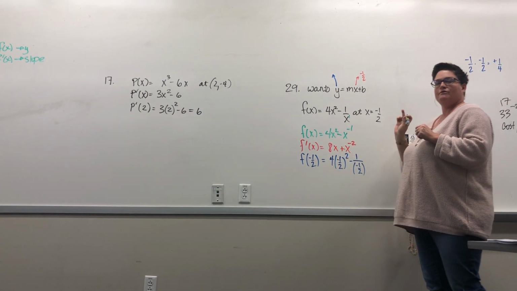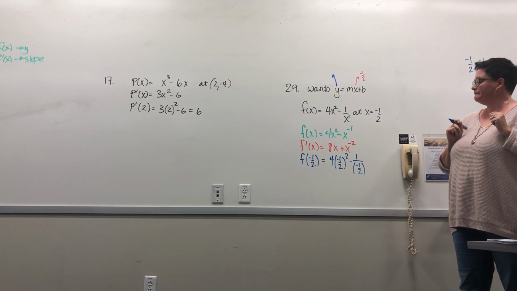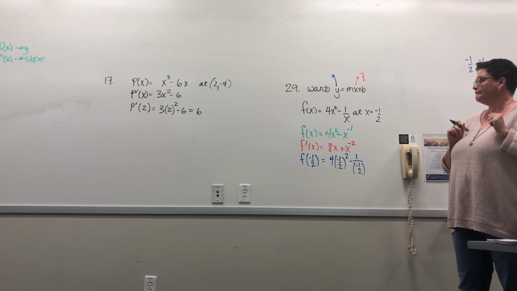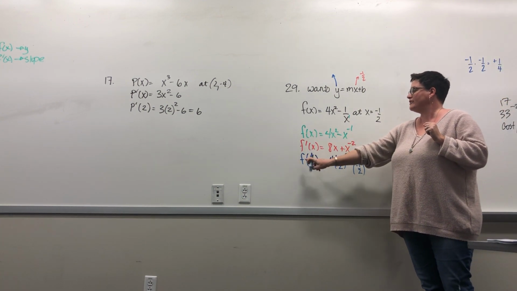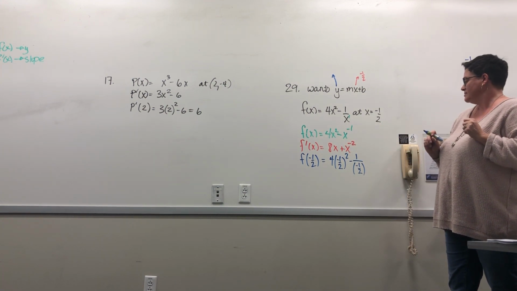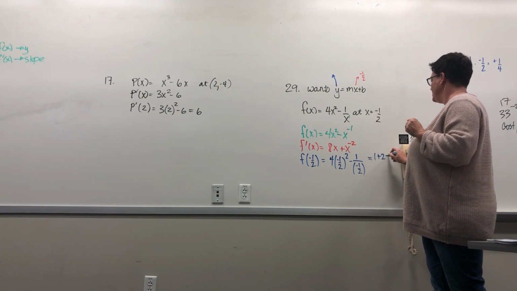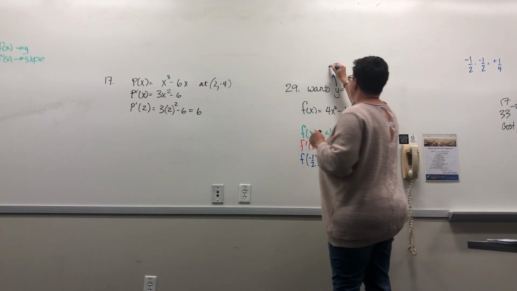And what's 4 times 1/4? 1. Did you forget to put the exponent of your 8x squared? Nope, because I'm working with the original function, not the derivative. Okay. So this becomes 1 plus 2 equals 3. So that's my y, 3.